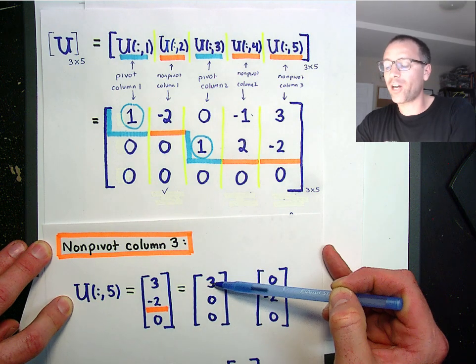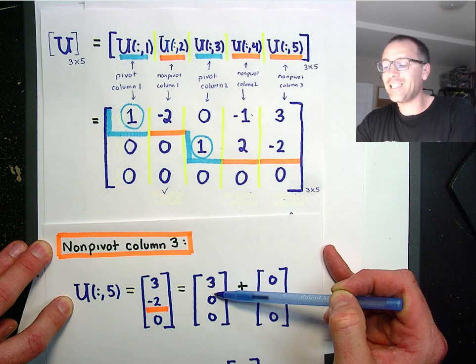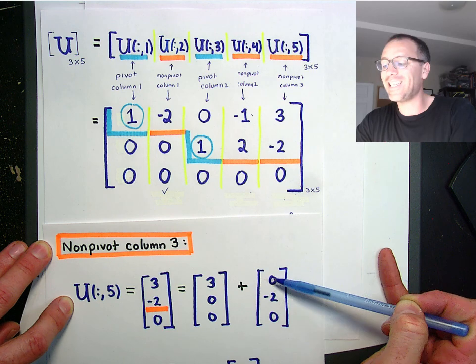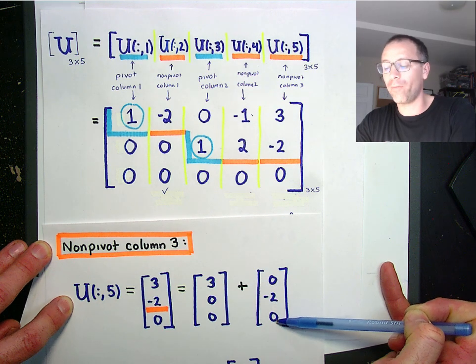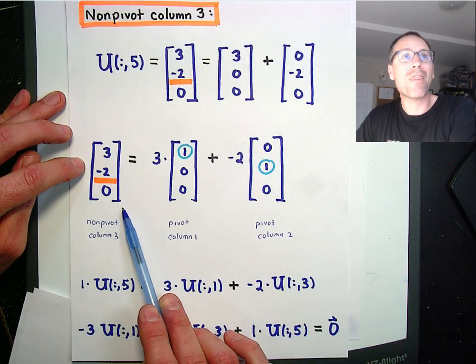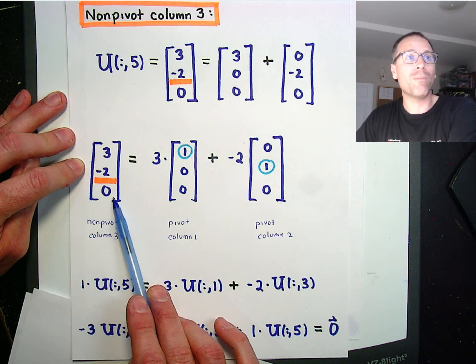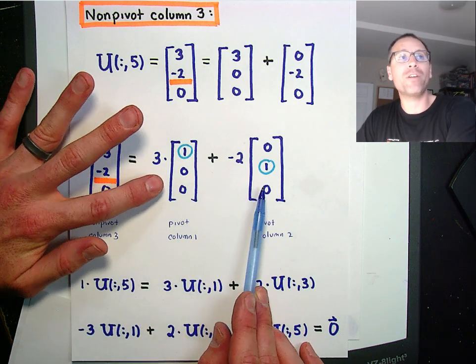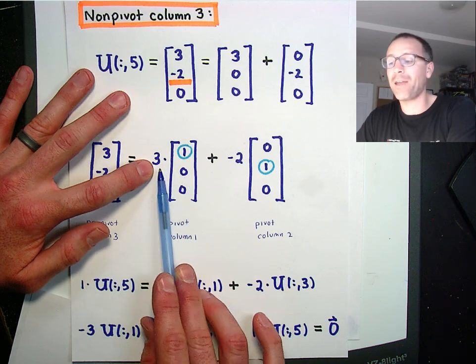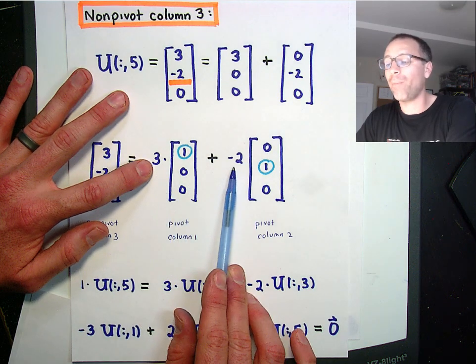And we can write that as a linear combination of the 3, 0, 0 column vector plus the 0, -2, 0 column vector. But we can decompose that non-pivot column as a linear combination of our pivot columns by multiplying the first pivot by 3 and the second pivot column by -2.